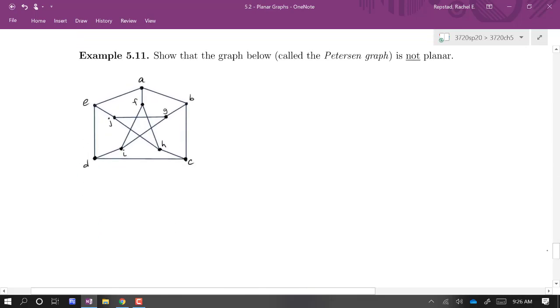We're going to show that this graph, we call it the Petersen graph, is not planar. So we will show that this graph has a subgraph that's homeomorphic to K33.